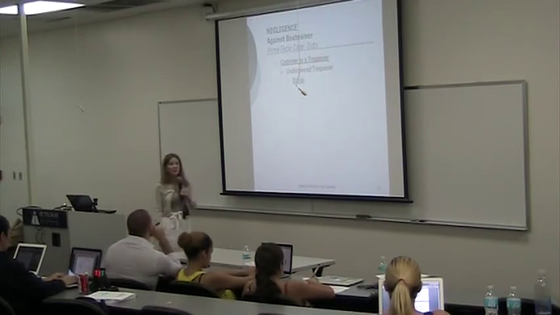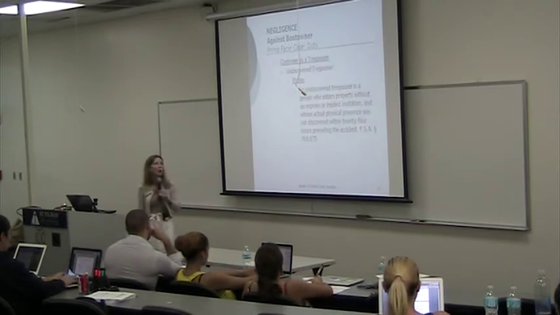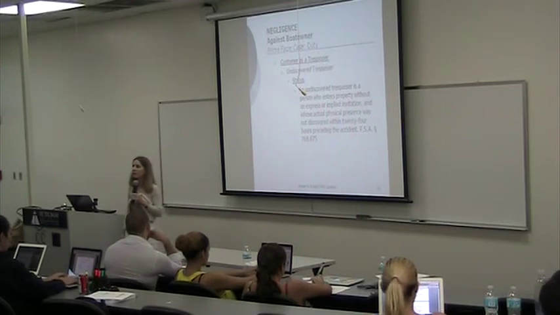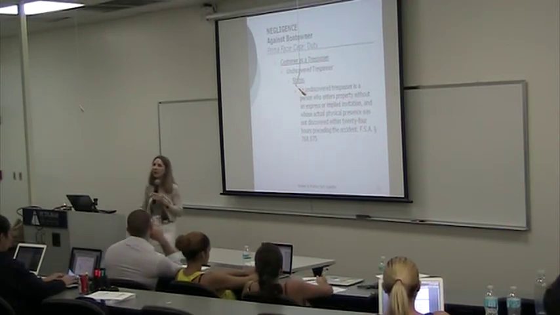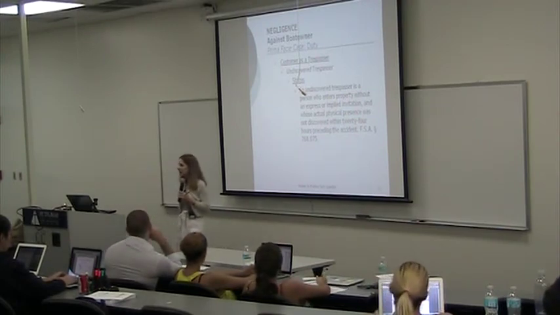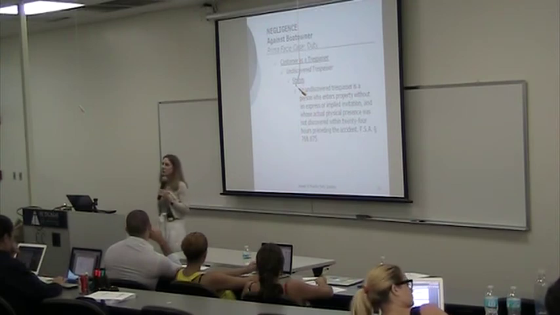So, undiscovered trespasser, that's somebody that isn't discovered within 24 hours of the incident, which isn't likely in this case, because they found customer pretty quickly when customer got burned. But if you've got this big tract of land and somebody wanders onto it and gets injured and 5 days later they find him, that's an undiscovered trespasser.